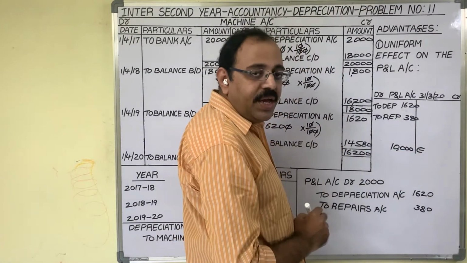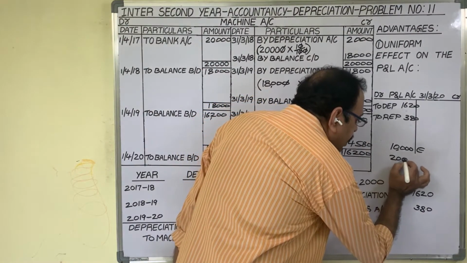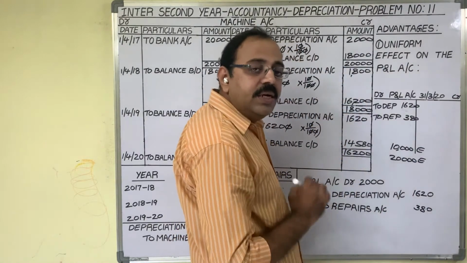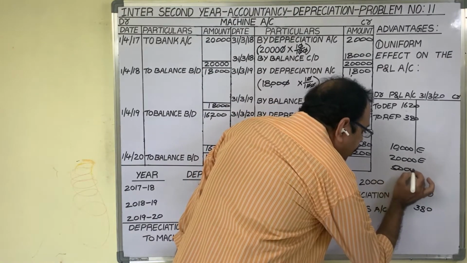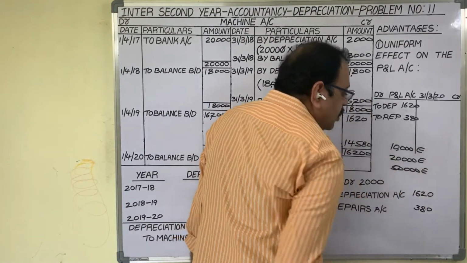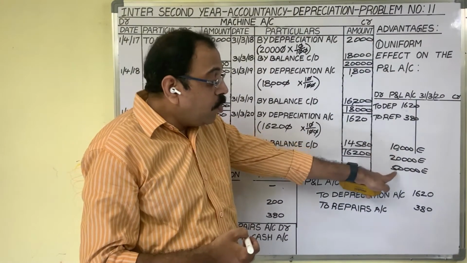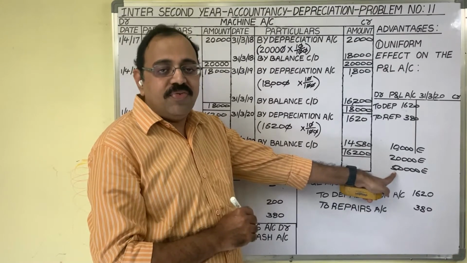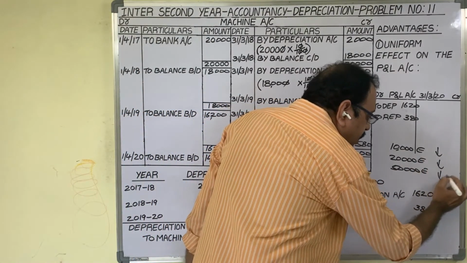In second year, assume that expenditure is 20,000. In third year, expenditure amount is 50,000. Year after year, if you show more and more expenses, the profitability of that firm decreases year after year.